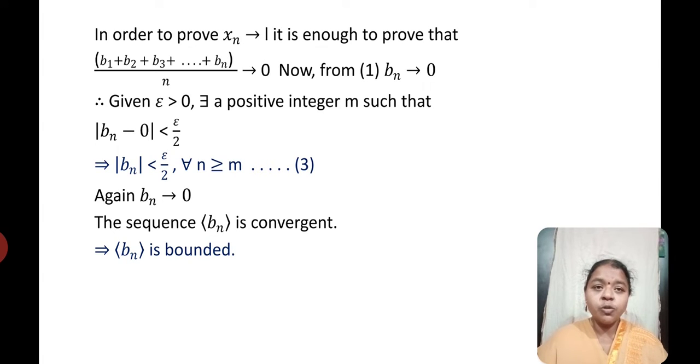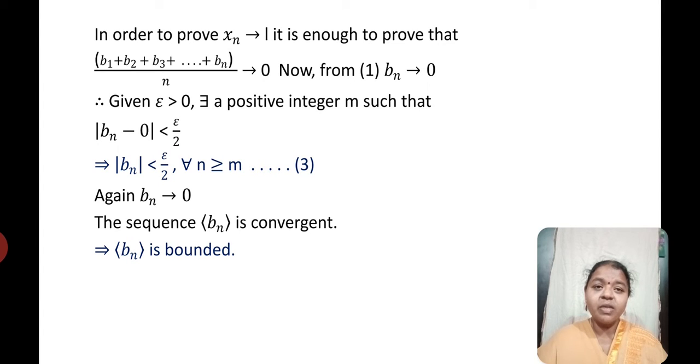Now in order to prove x_n tends to L, it is enough to prove that the first term, that is (b1 plus b2 plus b3 and so on plus bn) divided by n, tends to 0. Now you know that from equation 1, b_n tends to 0. Let us use the definition of limits here.